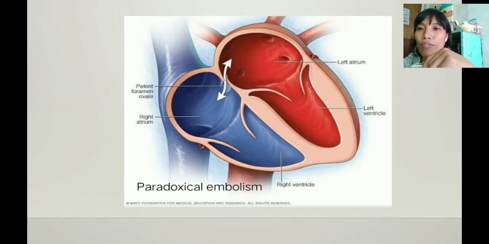From the left atrium going down to the left ventricle and into the aorta. From the aorta into the different branches of the artery, which is abnormal, which may cause a stroke.